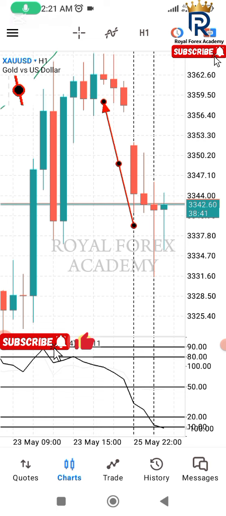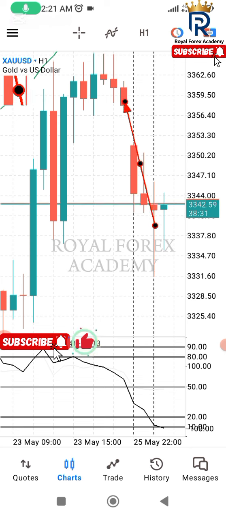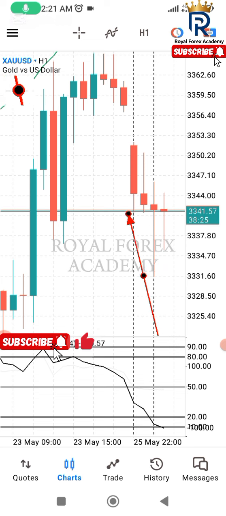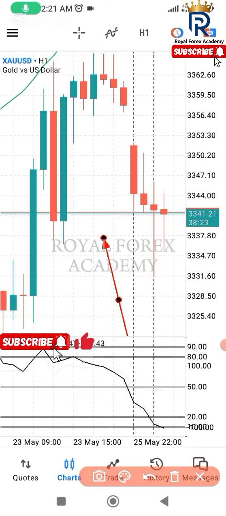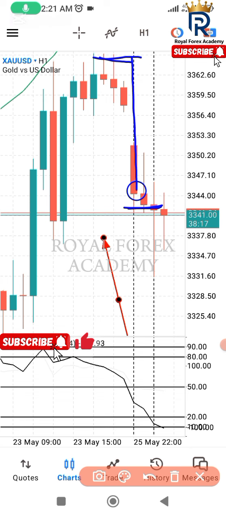So I am determining that here sellers won, it opens, you see the weakness on the part of buyers. The same thing happens here. Here too sellers won, here sellers won, here sellers won. So this is telling me that all the movement from here down to this point shows the strength on the part of sellers.